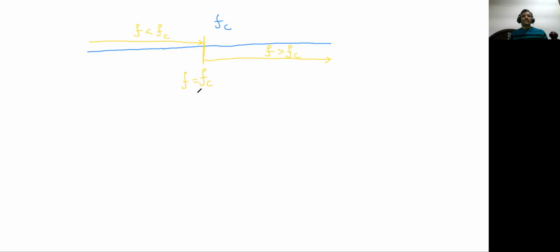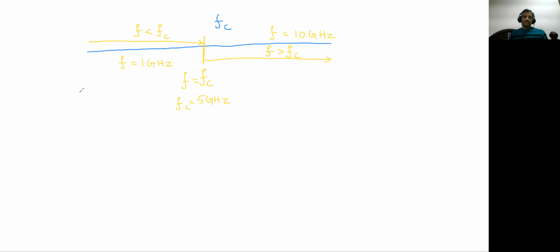Suppose let us take this F equal to Fc, which is 5 gigahertz. This cutoff frequency is, let's say, 5 gigahertz, and this F here will be less than that 5 gigahertz, let's say 1 gigahertz. I'm just taking an example here, and F here is equal to, let's say, 10 gigahertz, which is very much higher compared with the cutoff frequency.